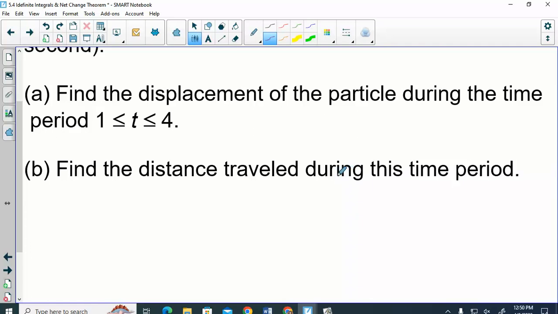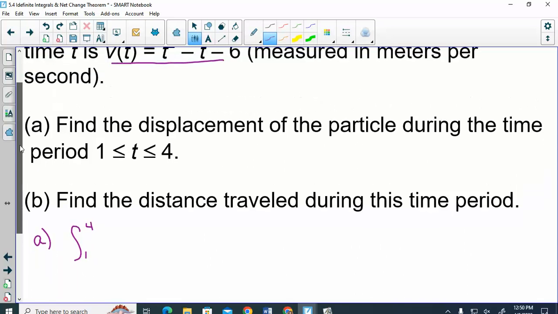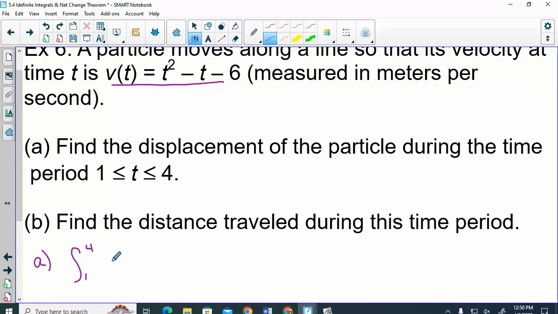So displacement is just asking how far are you from your starting position. So if we're at velocity, then we are wanting to go backwards and get position. So we're just going to integrate from where to where? 1 to 4. We want the antiderivative of our velocity.